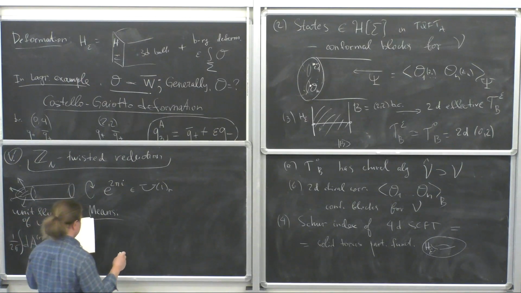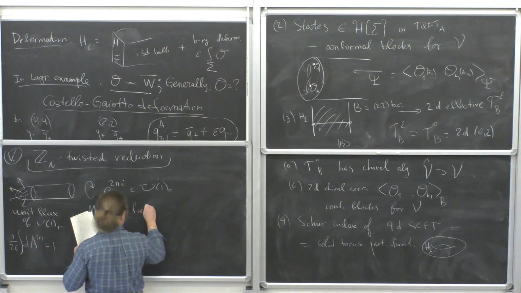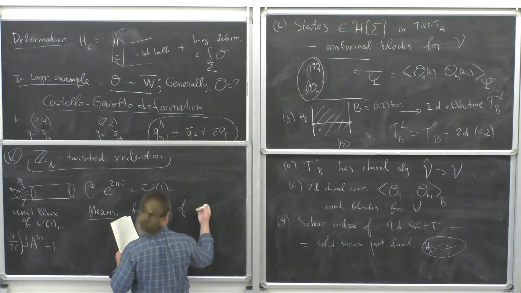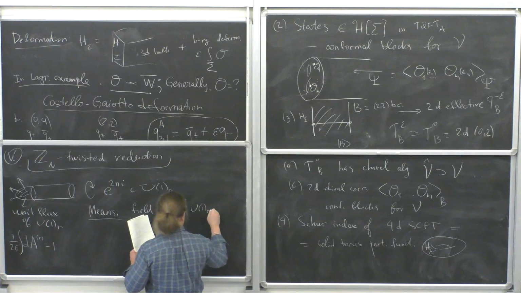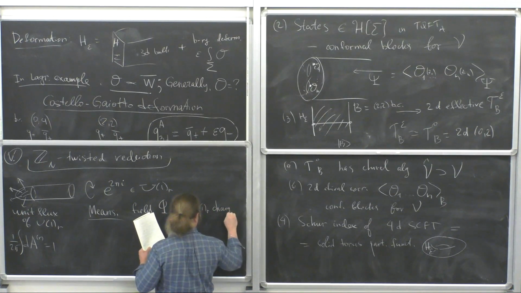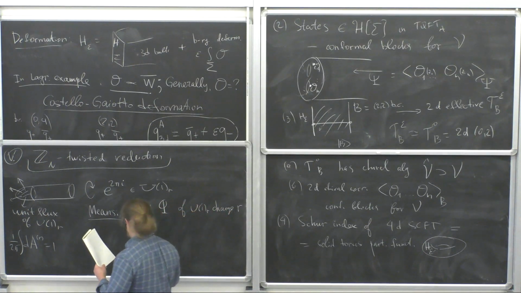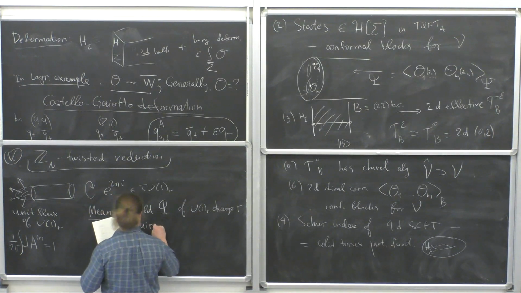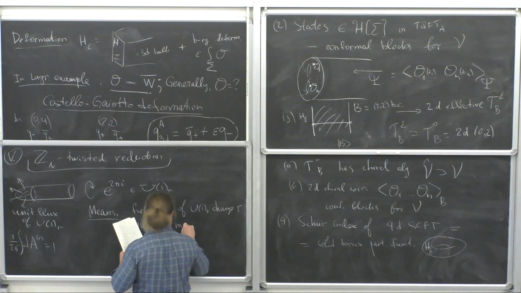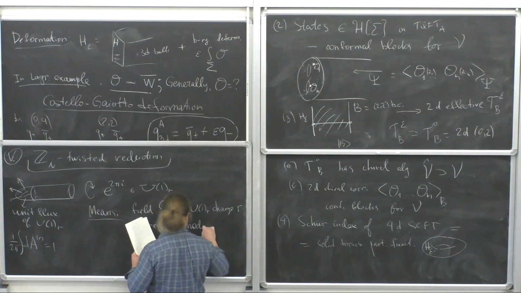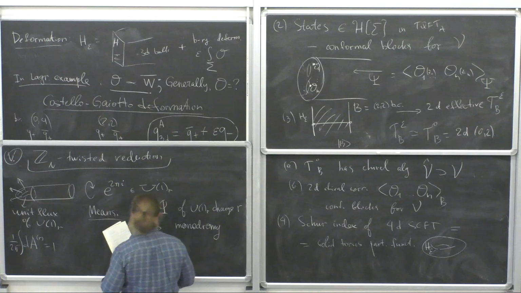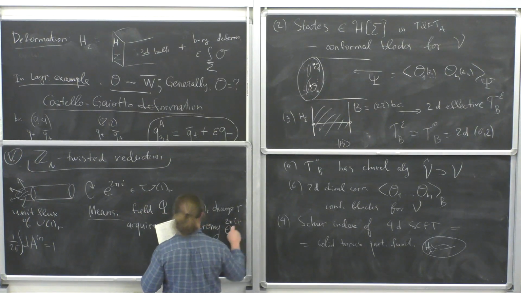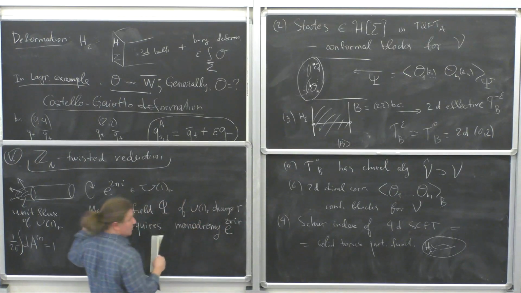is that if you have some operator or some field phi of U(1)_R charge r, then this field acquires a monodromy e^{2πir} as you go around the circle.